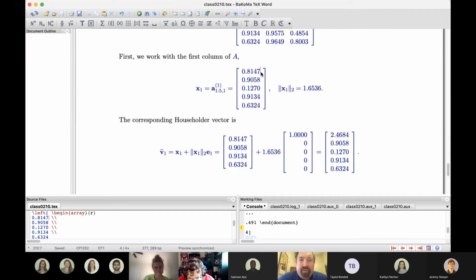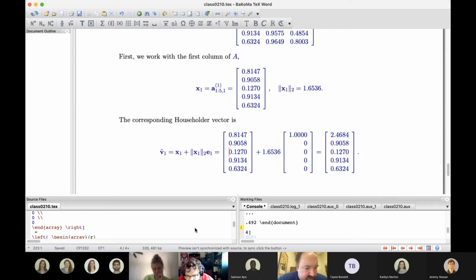So alpha is actually equal to minus the 2 norm of X1. So now I form my vector V for my Householder reflection. Something went wrong here. I think I might have accidentally deleted something. Oh, I see what happened. There it is. Okay. So I have my 2 norm times E1. So that is my vector V for my Householder reflection.